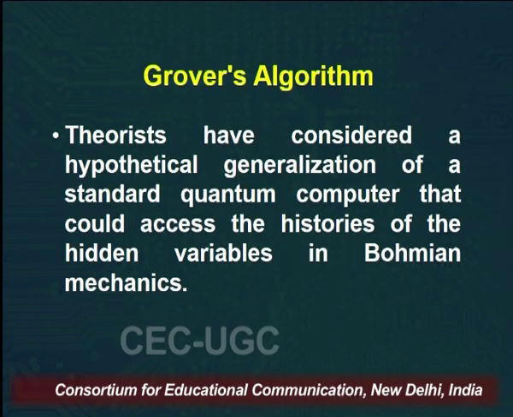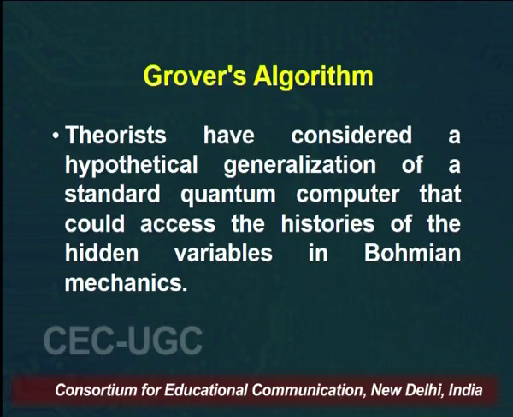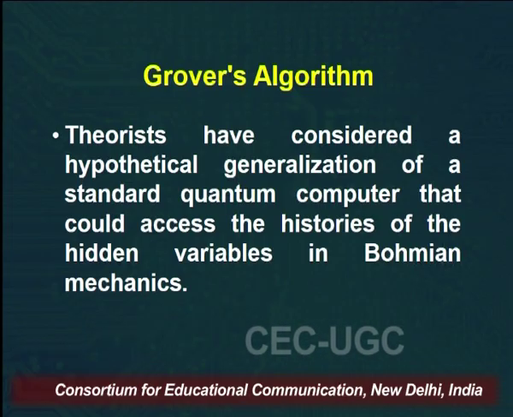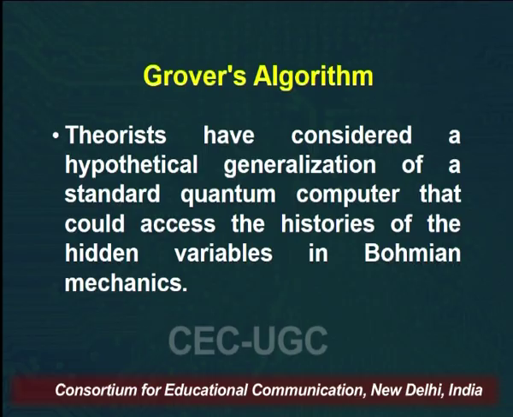Theorists have considered a hypothetical generalization of a standard quantum computer that could access the histories of the hidden variable in Bohmian mechanics. Such a hypothetical computer could implement a search of an n-item database in at most O(cube root of n) steps.